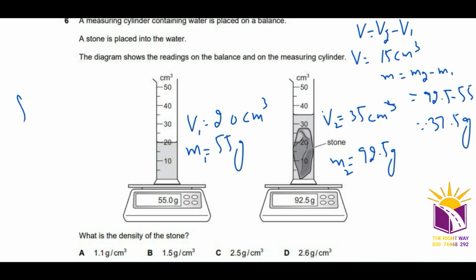So as we know that density is equal to mass per unit volume, the density will be equal to 37.5 divided by 15, and it will be equal to 2.5. So C is the right answer, 2.5 gram per centimeter cube.